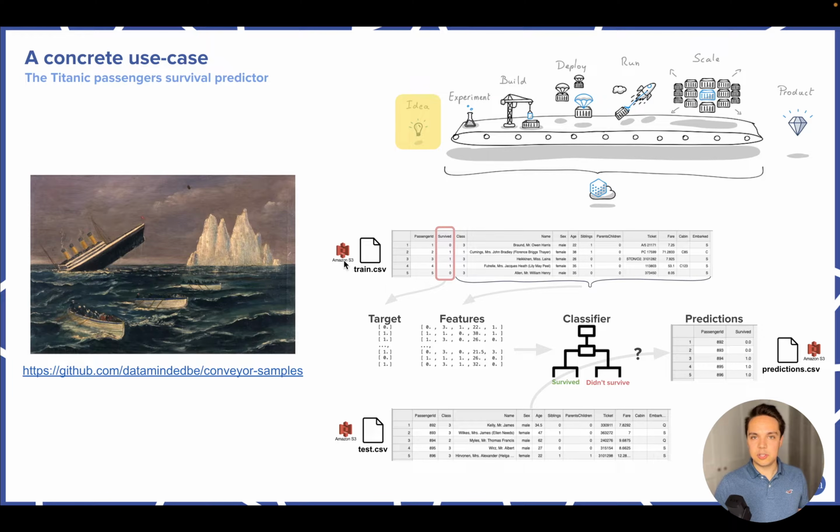Then, with those features and target, we will train a classifier model that we will evaluate with a test dataset. Feeding the test dataset into the classifier will produce some predictions that will allow us to evaluate the quality of our model.